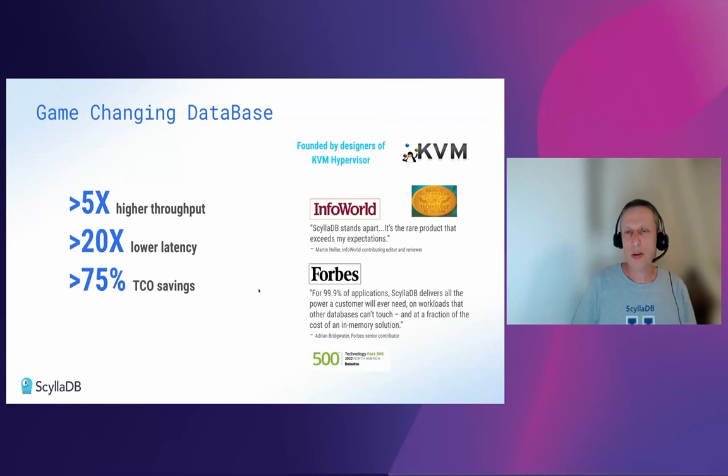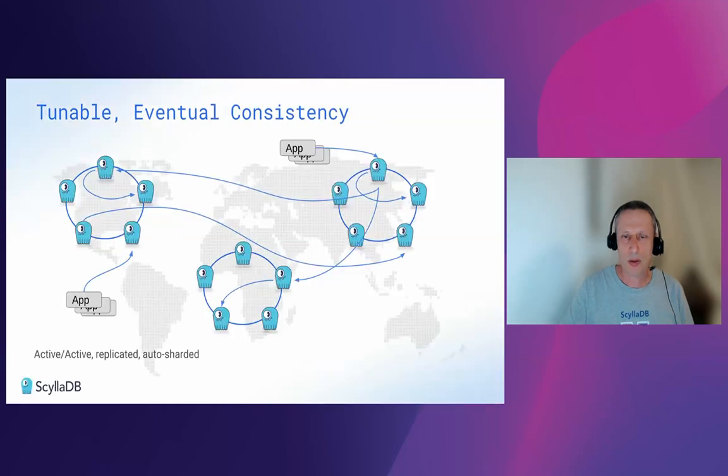So as I mentioned, the focus is on throughput, latency, TCO saving, and high availability. What is high availability? Again, not the focus of this webinar, but just to give you an introduction to what ScyllaDB is, if you're not familiar. Like DynamoDB and Apache Cassandra that I mentioned earlier, ScyllaDB is highly available in the sense that it can be deployed on multiple regions.